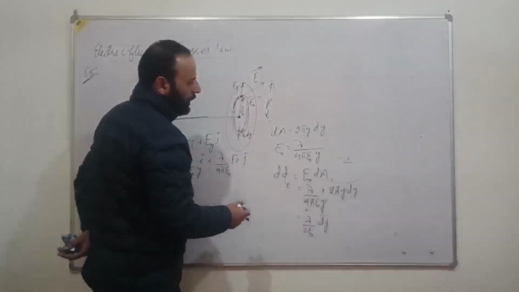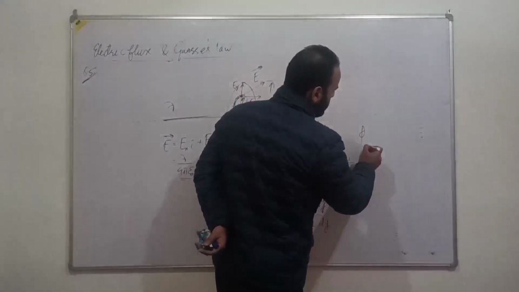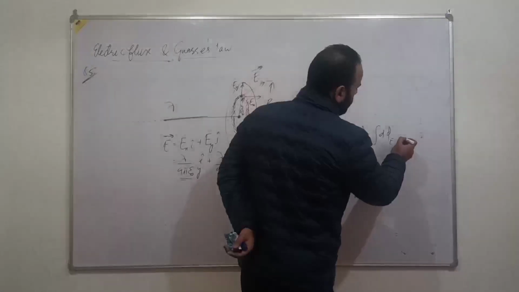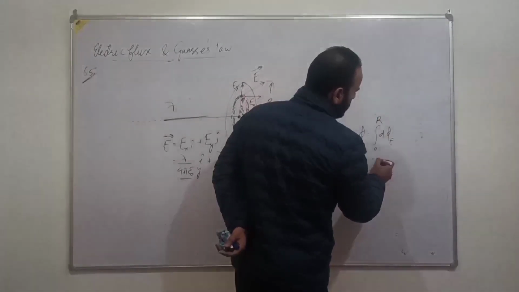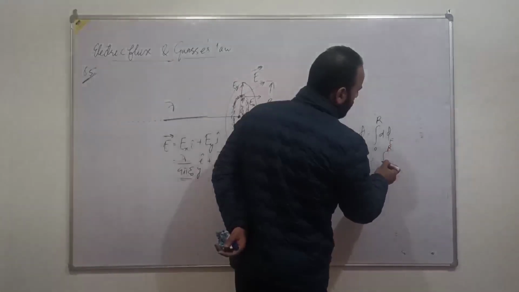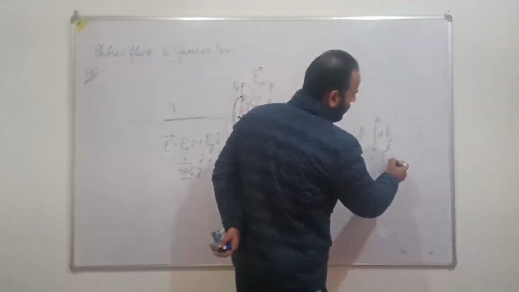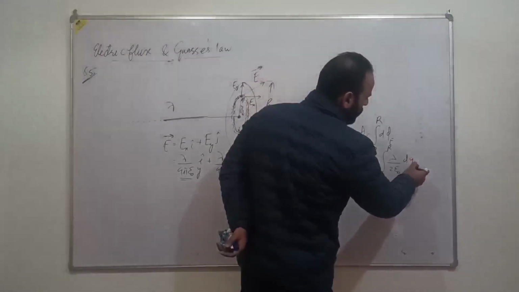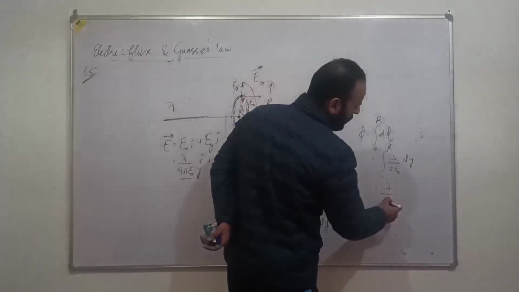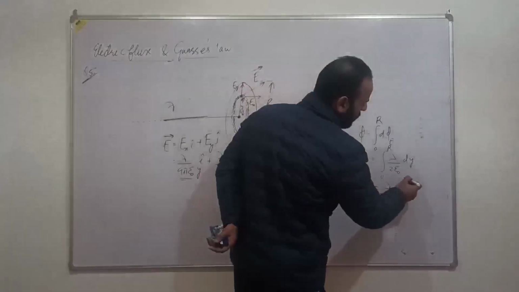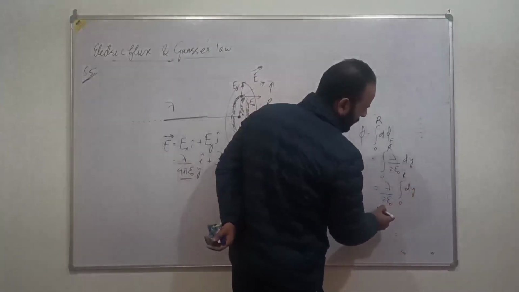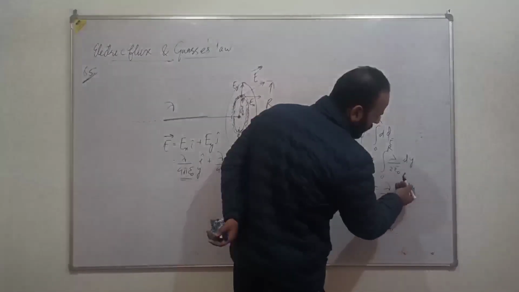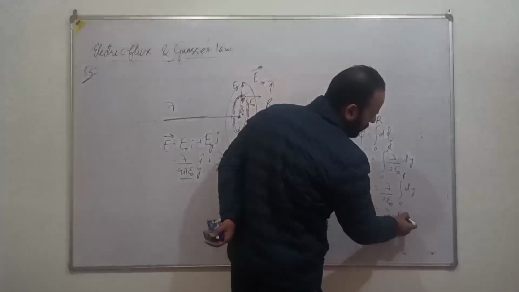Phi is the integration of d phi E from 0 to r, which is lambda divided by 2 epsilon naught, integration from 0 to r of dy, which is lambda divided by 2 epsilon naught times y from 0 to r, equal to r.